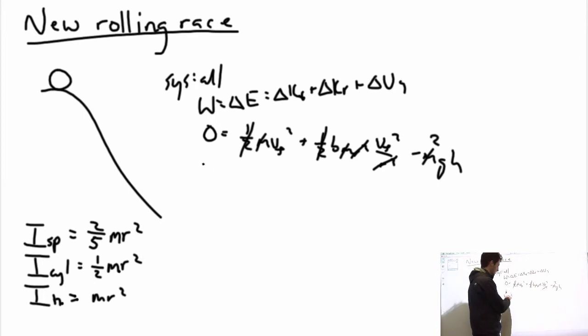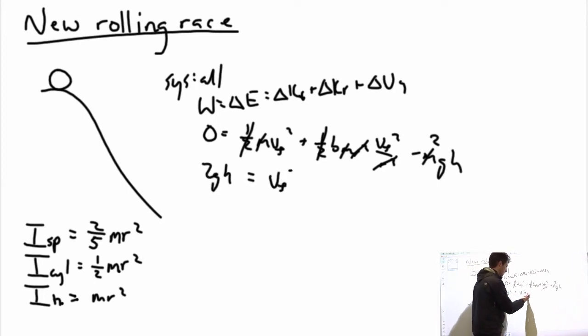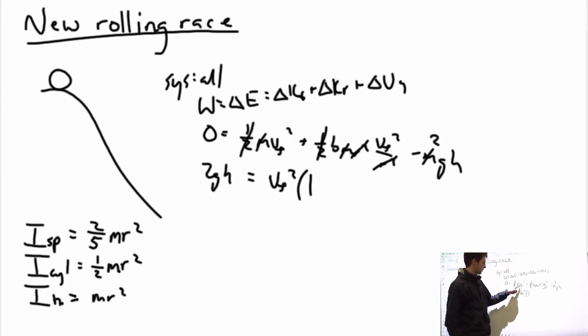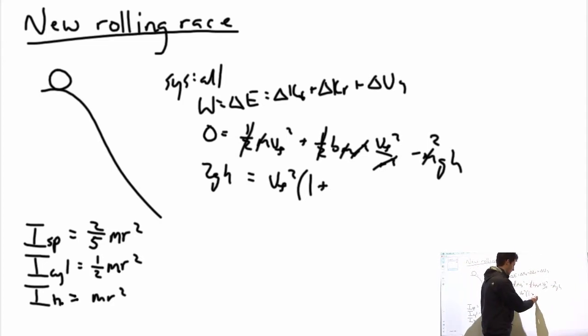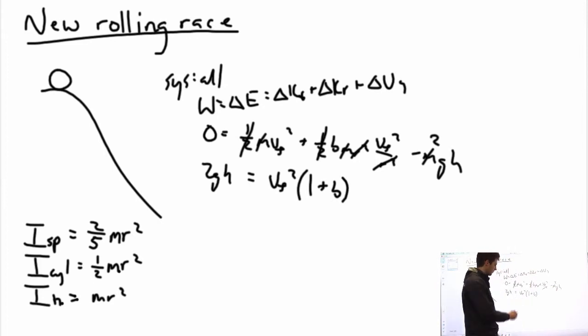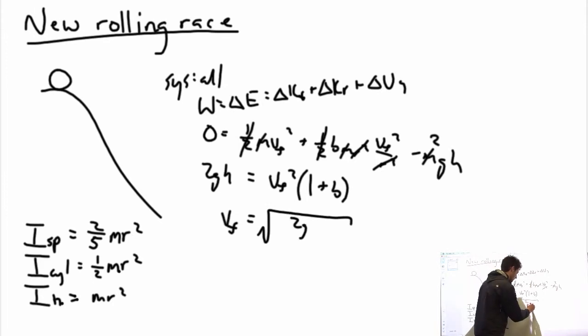I bring over 2gh, and then I say that equals V_F squared, and I'm going to factor it out. This is a V_F squared times 1, and that's a V_F squared times b. So I'm going to say 1 plus b out here. And so if I solve for V final, I get something like this: the square root of 2gh over 1 plus b.